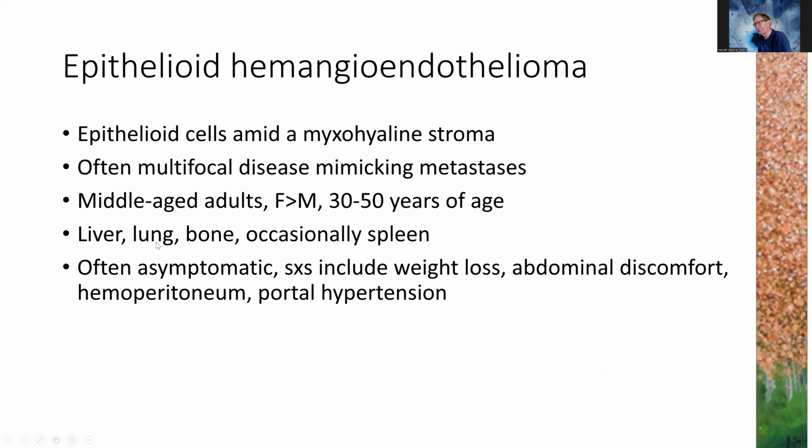Akin to our patient, many patients are essentially asymptomatic, and they may only be experiencing a little bit of weight loss or some abdominal discomfort. In more severe cases, less frequently, you might find hemoperitoneum or even portal hypertension.